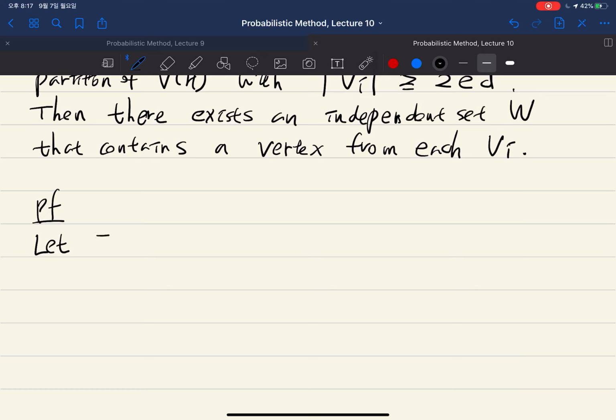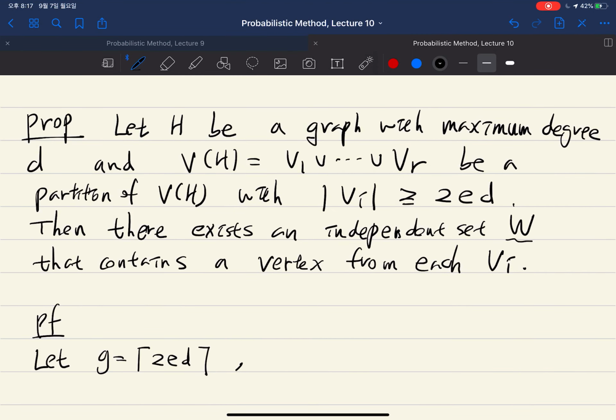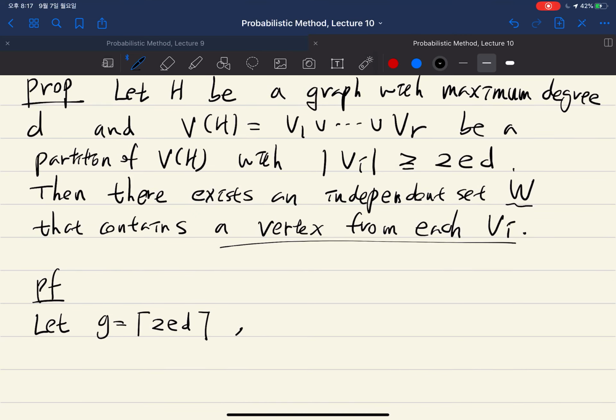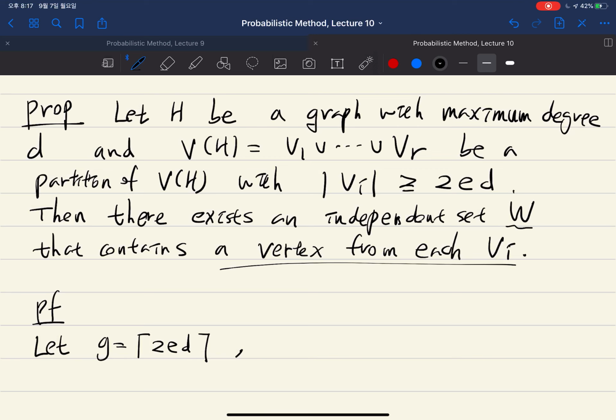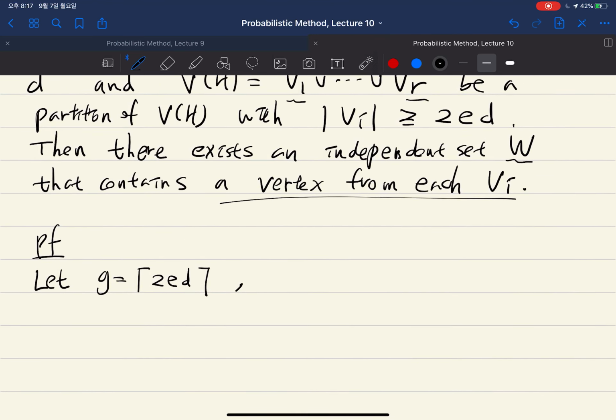So let g be 2 times e times D, taking the ceiling of it. And as long as we can find one W which is independent and contains a vertex from each Vi, it's okay. So that's what we want. From each Vi, we can delete vertices if necessary, so we assume that each Vi has size exactly g.